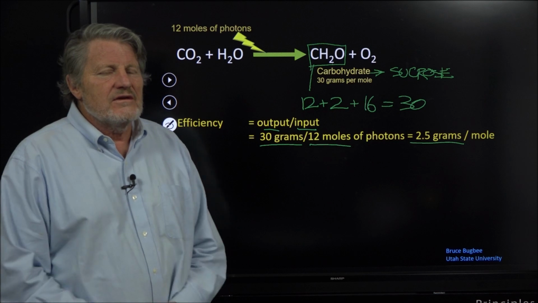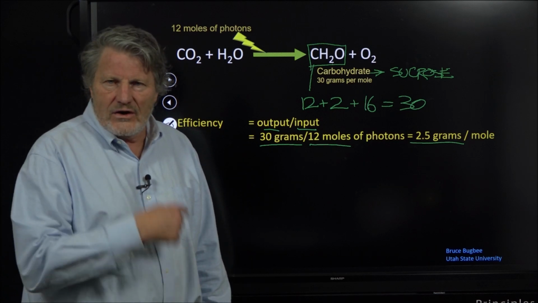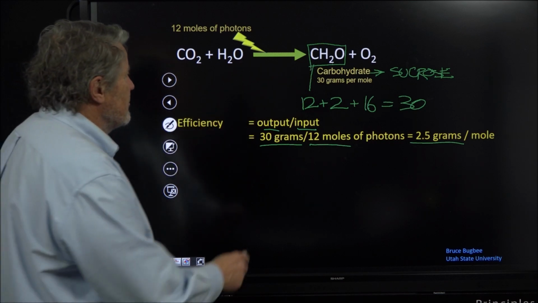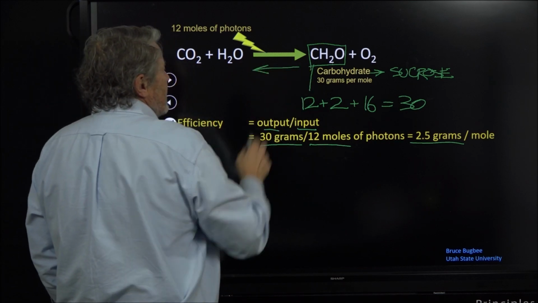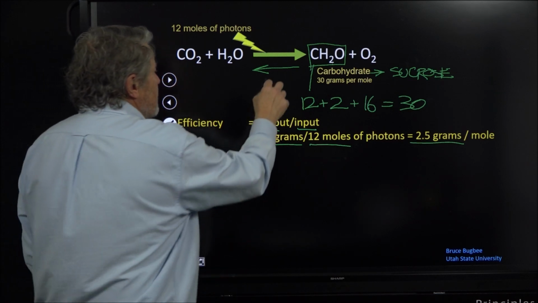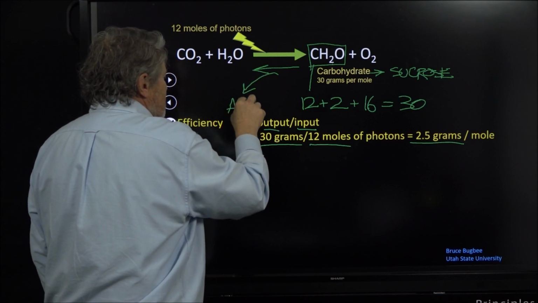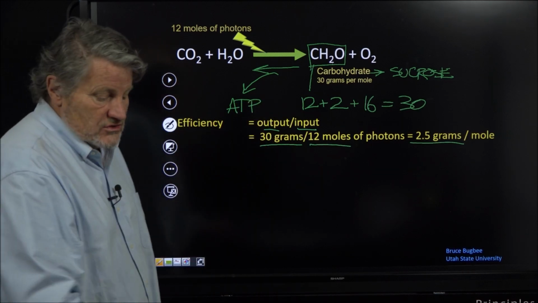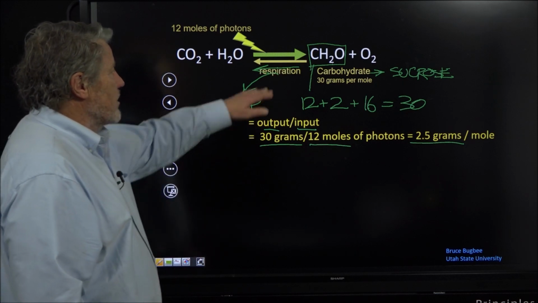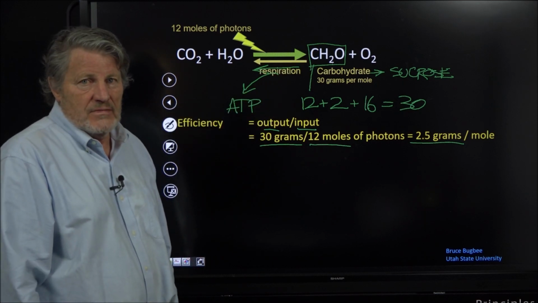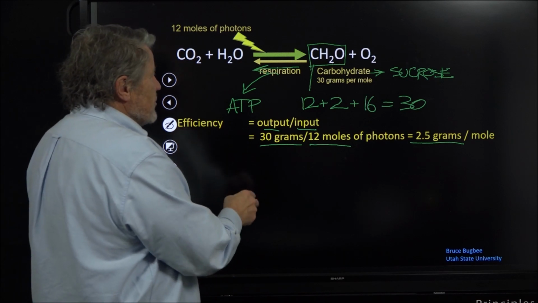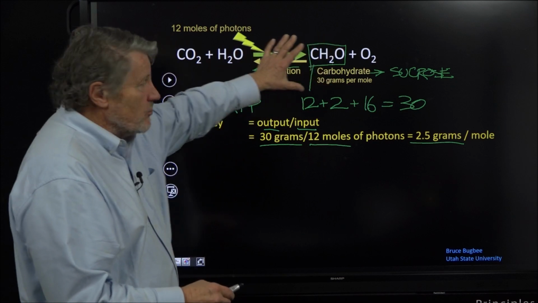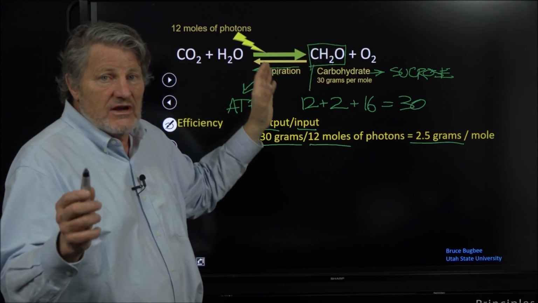They get made at night, and they get made continuously by running this equation backwards, this direction, and then we get ATP, energy, and that ATP is used to synthesize all the other things in plants. When we run it backwards, we call it respiration. So, respiration takes about 40% of this. After we get here, about 40% is run backwards to make everything else in plants.